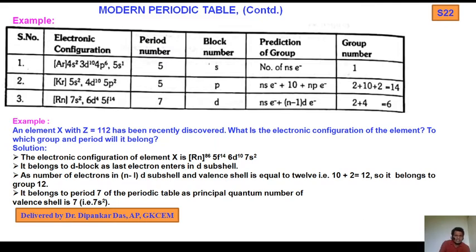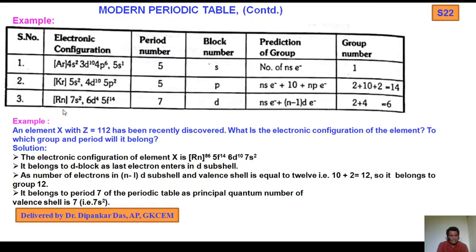What is the valence shell? The valence shell is 5s2 5p2. So 5s2 5p2 means how many valence electrons? 2 plus 2 is 4. So 4 plus 10, that is 14. Or you can write NS electrons 2, NP electrons 2, so 2 plus 2 plus 10. Or you can say the valence shell here is 5s 5p, the outermost shell, highest n. So 4 plus 10, that is 14.